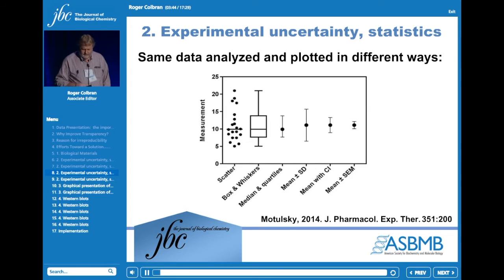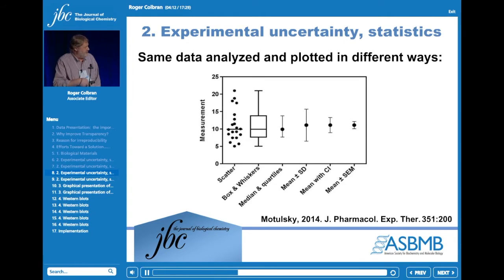So this is why we prefer the standard deviation. This is from a review written by the guy that developed the GraphPad Prism software suite, published a couple of years ago. And he made up this array of data here, which is shown in this scatter plot, and then just basically analyzed this using some commonly used methods.